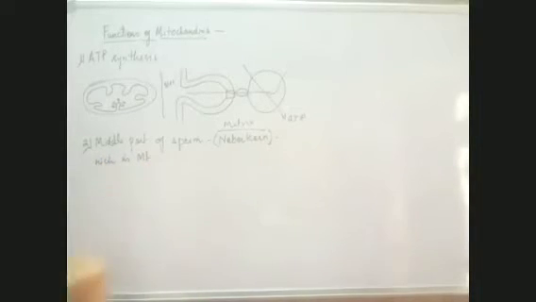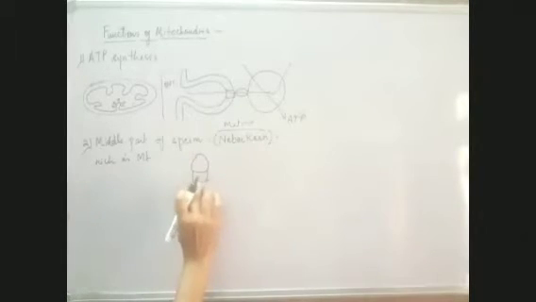I'm writing mitochondria. Now, the sperm appears like this. This is the anterior part of the sperm. Then we have this, and finally the tail part of the sperm. This is the middle part, and this middle part has mitochondria.